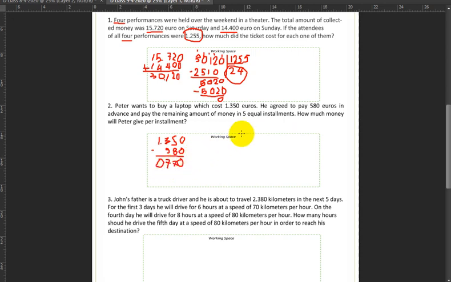Since he's dividing it into 5 payments, that means we need to divide to find how much each payment is.